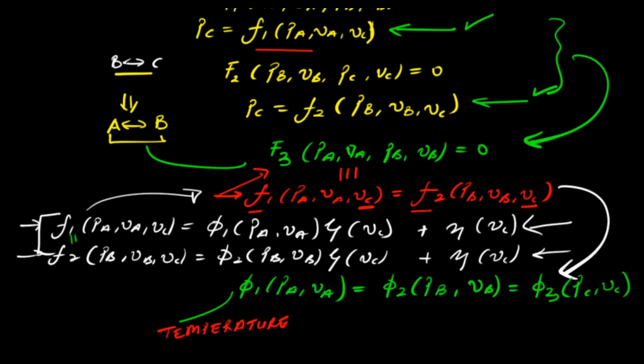And phi1 can be any other function also. It can be in fact any function that is monotonic with temperature. So if a monotonic function is equal, then the temperature is also equal. So the zeroth law says that there exists a function of the variable properties of the system of the form T is equal to T of p comma v.